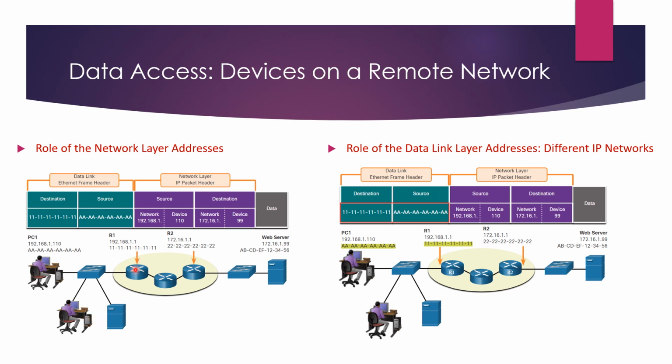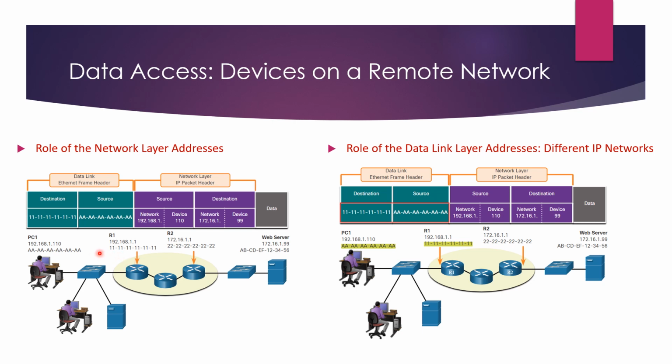The source MAC address, in this case, is the Ethernet MAC address of the sending device, which is shown as all A's. And the destination MAC address will not be the MAC address of the web server, because it is not reachable, because it's not directly connected with PC1, but will be the MAC address of the router, the gateway.